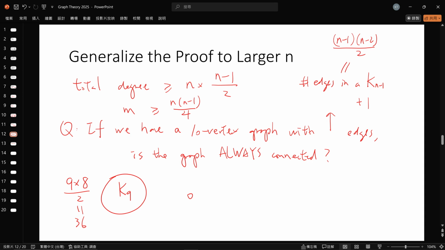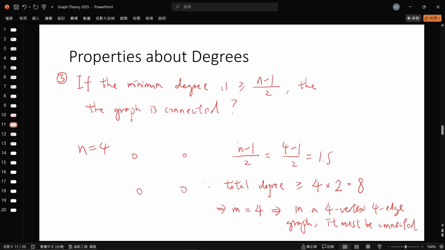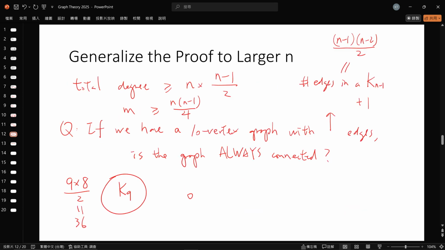So recall that we try to prove this one. Every vertex has at least (n minus 1) divided by 2 neighbors, and we want to show that the graph must be connected. The idea of our previous proof is that since we have the minimum degree, we can compute the minimum total degree.